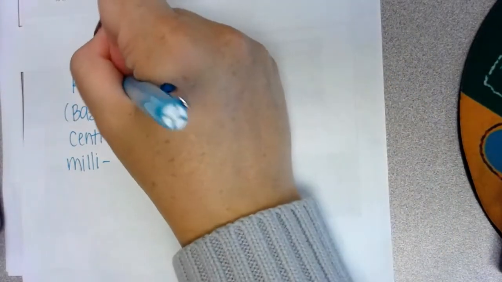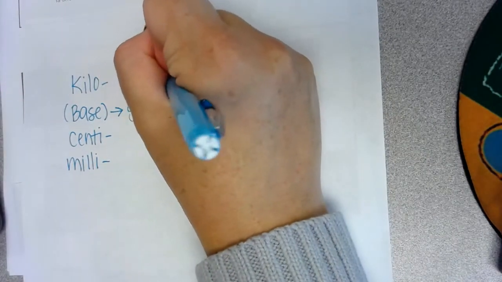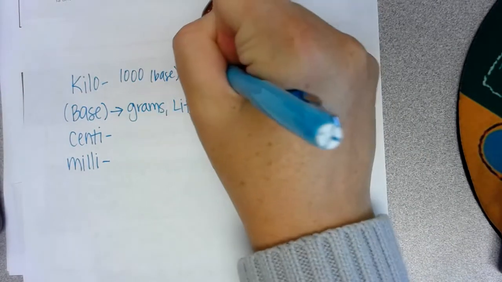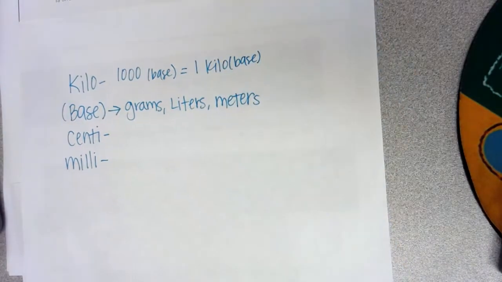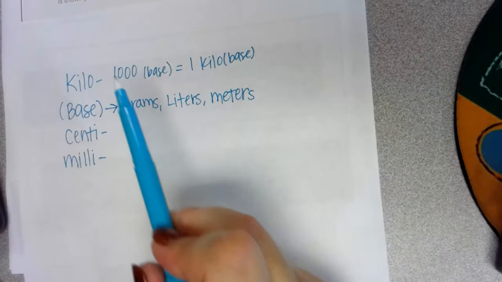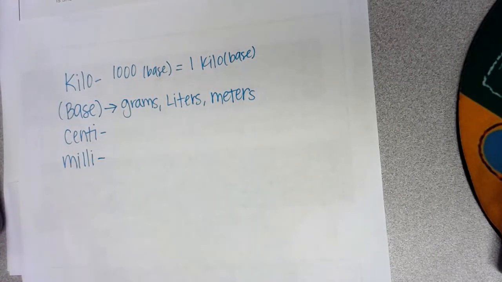Kilo means 1,000, so 1,000 of your base units is equal to 1 kilo unit, whatever that base unit is. So 1,000 grams is equal to 1 kilogram.